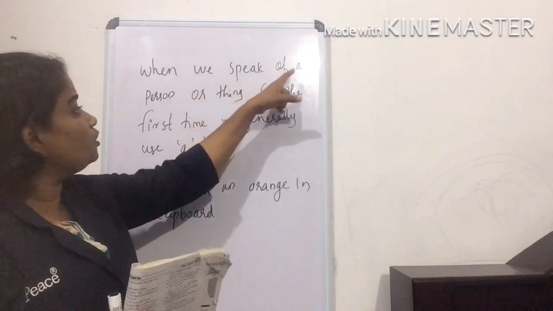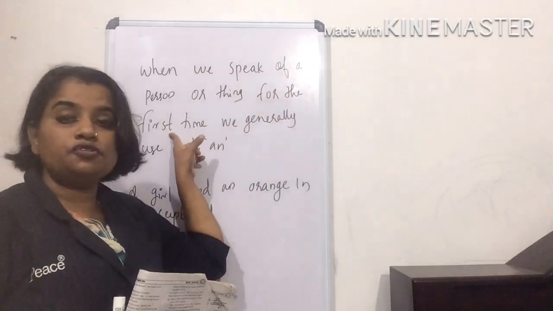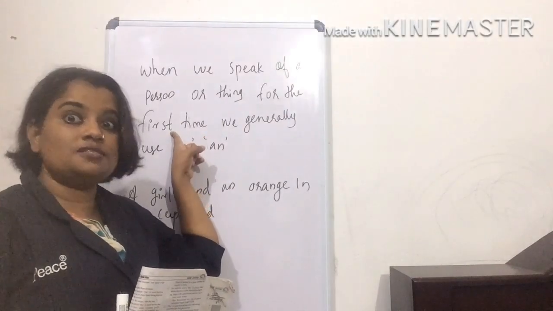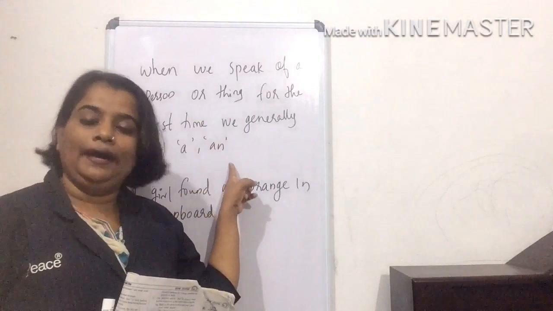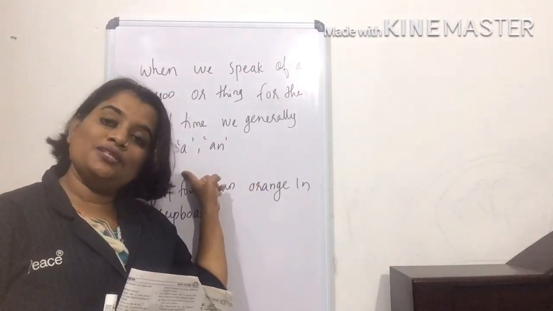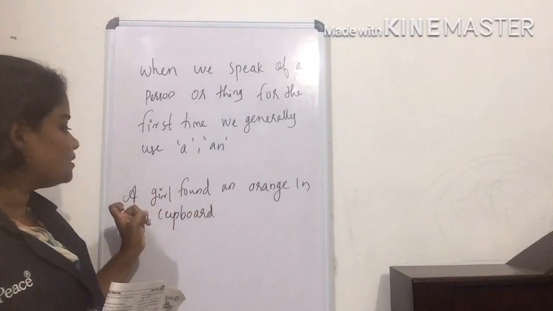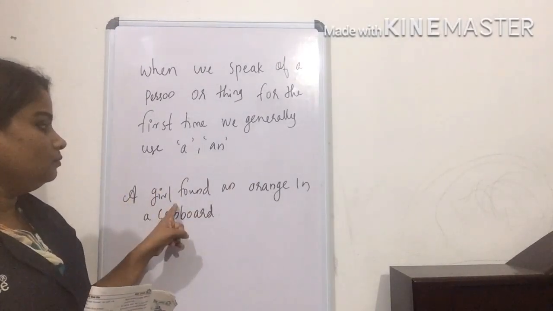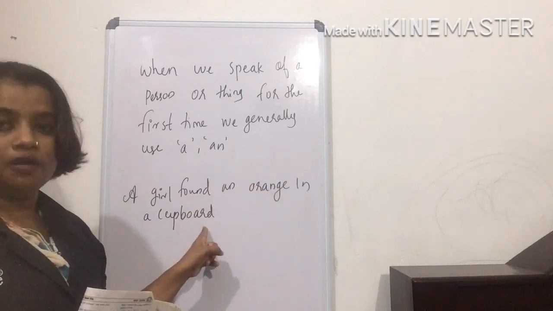When we speak of a person or thing for the first time, we generally use a or an. Here is the example: a girl found an orange in a cupboard.